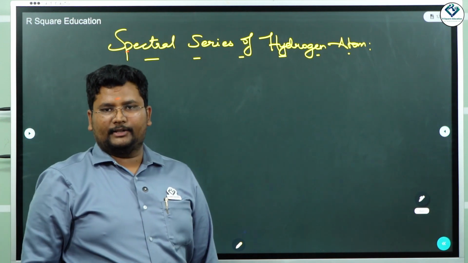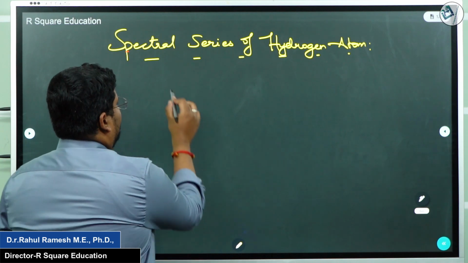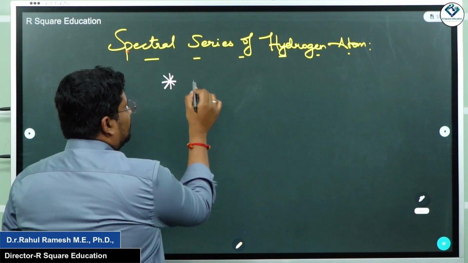So we have the spectral series of hydrogen atom. We have almost 5 spectral series. What are they?